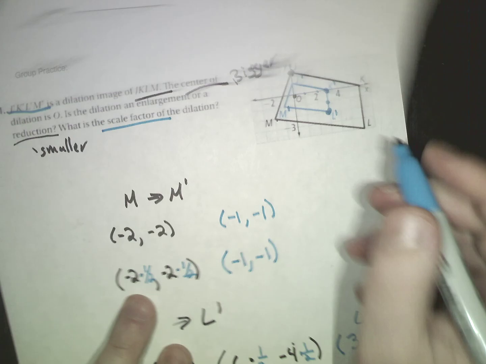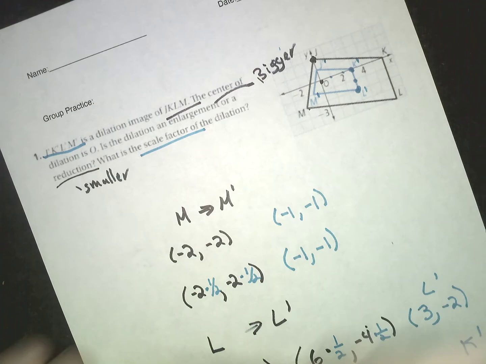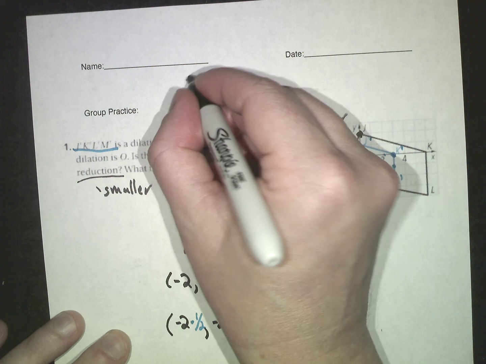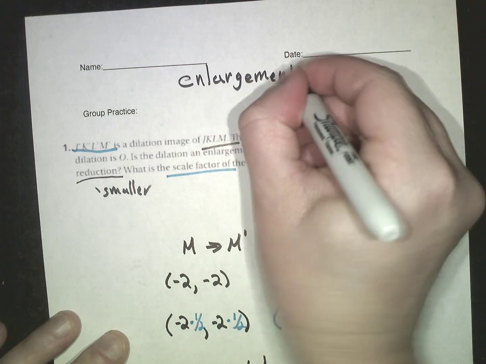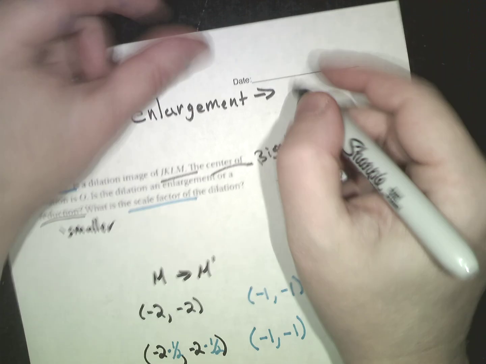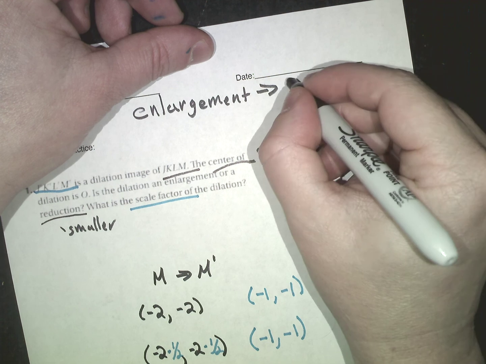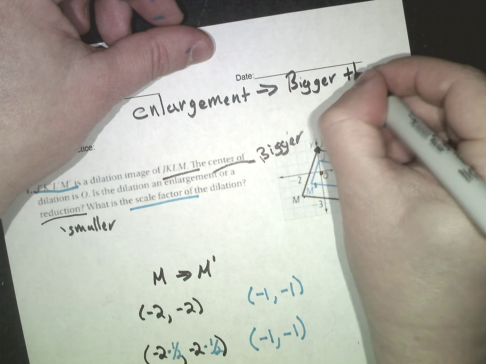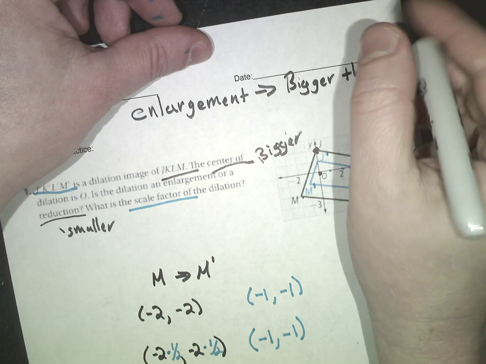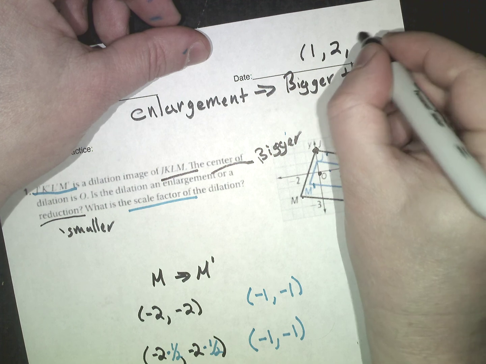So remember one thing. Here's a rule to write down. If you are enlarging, it is usually a number greater than 1, or 1 or bigger. So it could be 3.5, 2, 7.